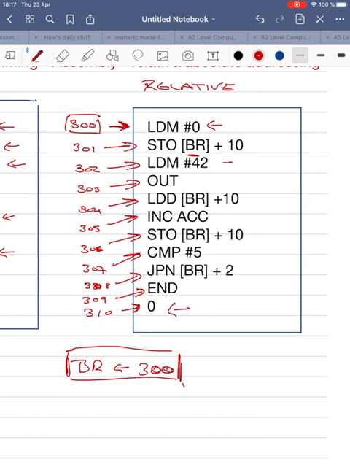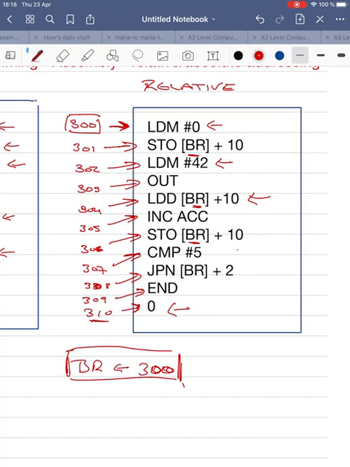Then we load into the accumulator the number 42, and we output. Then we load the value that is in BR, 300 plus 10, 310, this one, into the accumulator. We increment the accumulator. We store at BR plus 10, 310, the incremented value.